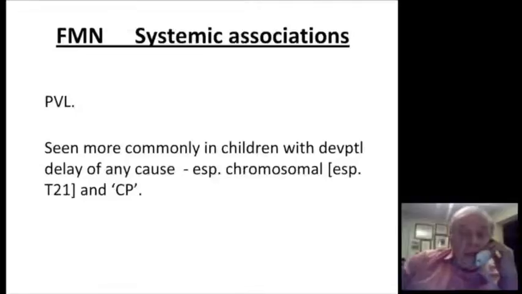There are some systemic associations, the same periventricular leukomalacia, and FMN is seen more commonly in children with developmental delay of any cause, especially trisomy 21 and the many associations and causes of cerebral palsy.